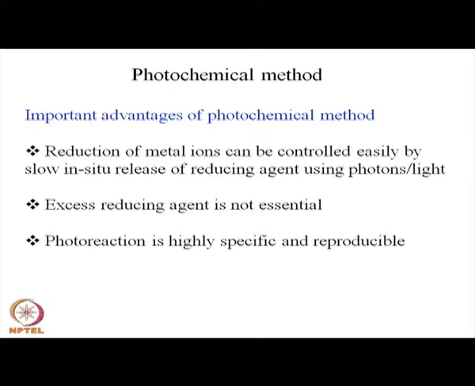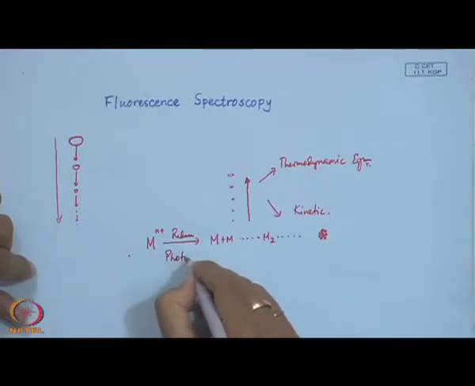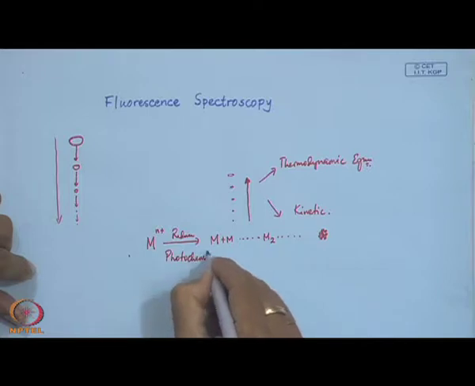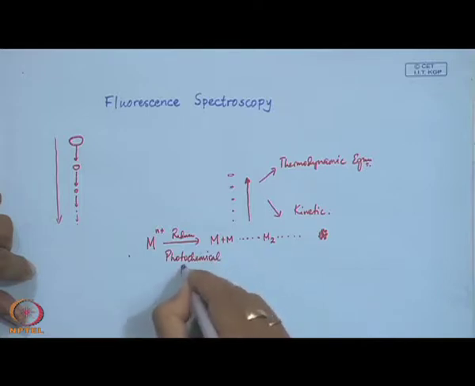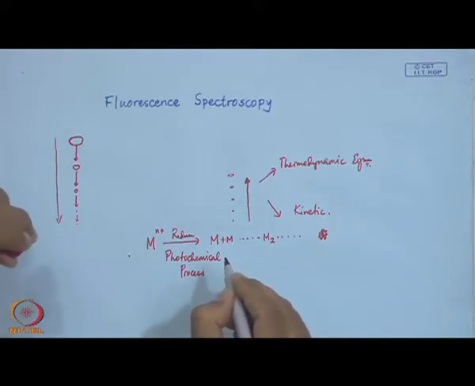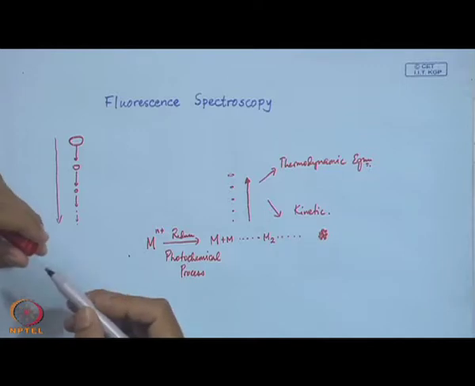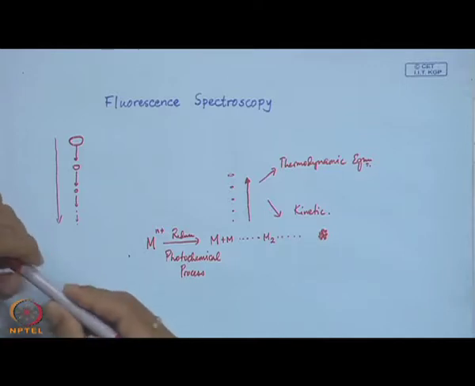So, the reduction of metal ions in the photochemical process can be controlled easily by slow in situ release of reducing agent using photons or light. That means photons can be used as a light catalyst for the process, so you can control it.